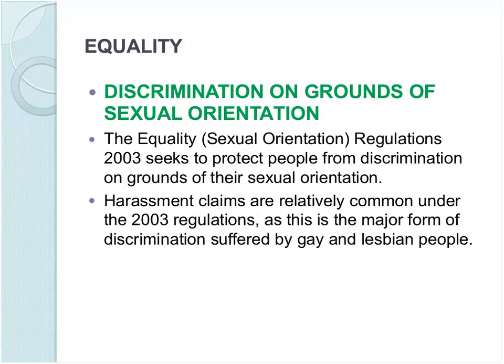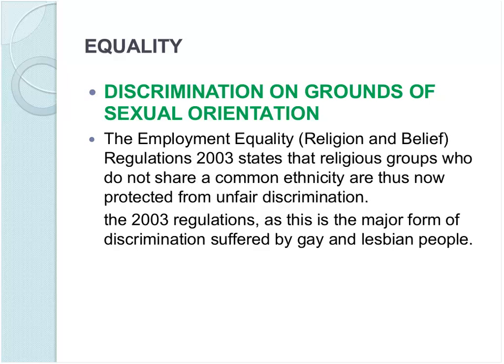I talked earlier about people of different sexual orientation, gay and lesbian. They are today also protected under the sexual orientation regulations. They should have equal opportunities and equality at work. They must have. Let's move to the next one.